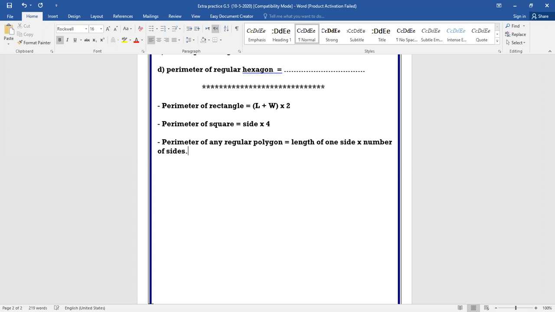For example, if it is a pentagon, multiply by 5. If it is a hexagon, multiply by 6, and so on.